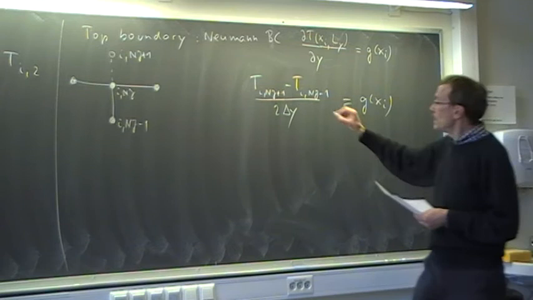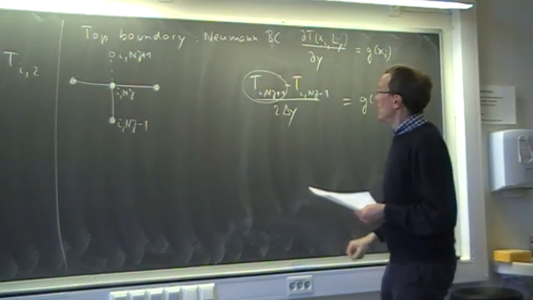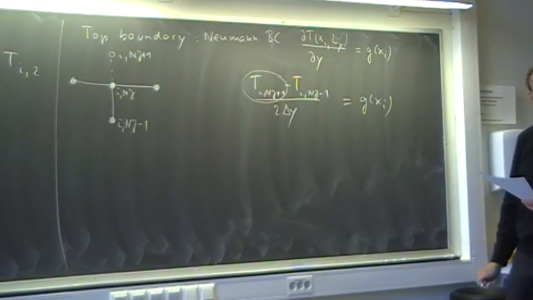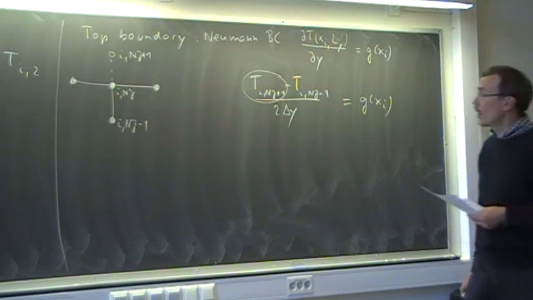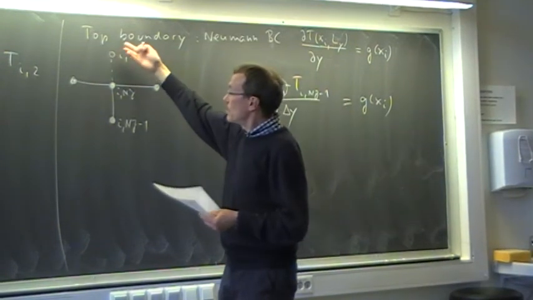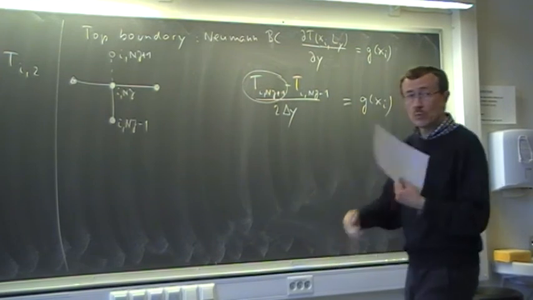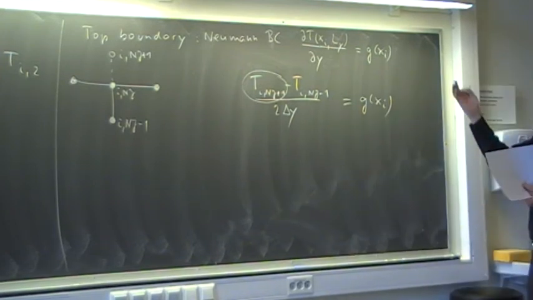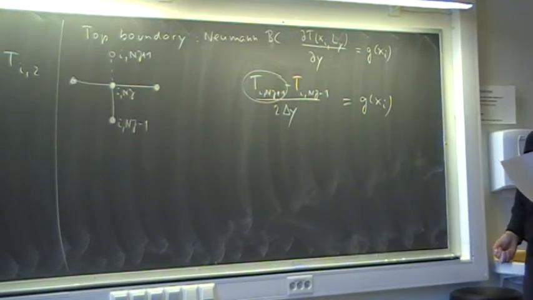So this is then a ghost point value. We have introduced a ghost point which does not belong to our domain, but which would naturally enter if we do the standard discretization.